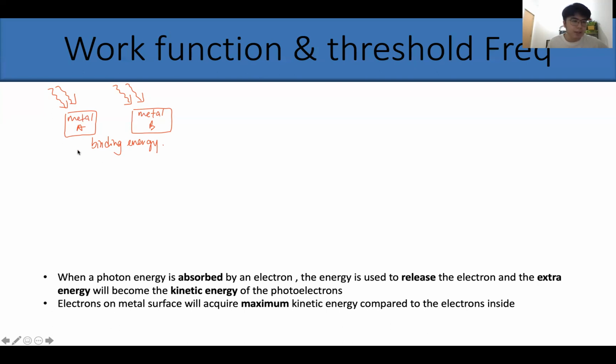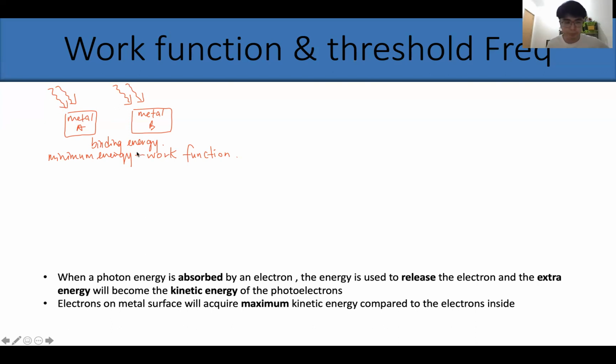Now this energy, the minimum energy needed to emit the electron, is known as the work function. To emit an electron, the wave must have energy at least equal to the work function.